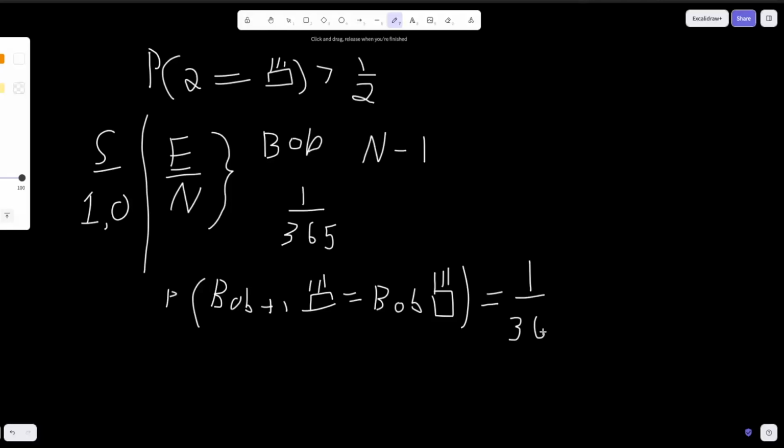But there's not just Bob plus 1. Isn't there also Bob plus 2, Bob plus 3, Bob plus 4? And if we call Bob the first person, then that goes all the way up through Bob plus n minus 1. So there are that many people.